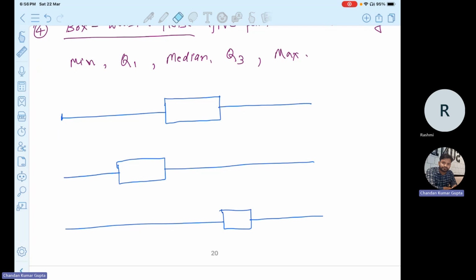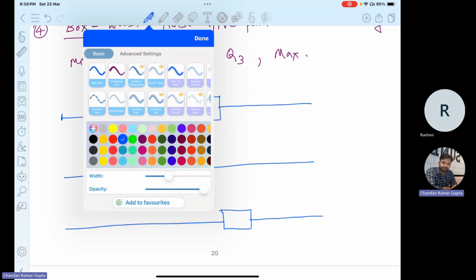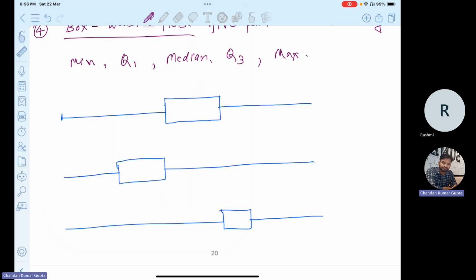Let me use another color. Suppose this is the minimum value of the data set. This point is called the first quartile. This point is called the third quartile. This point is called the maximum.